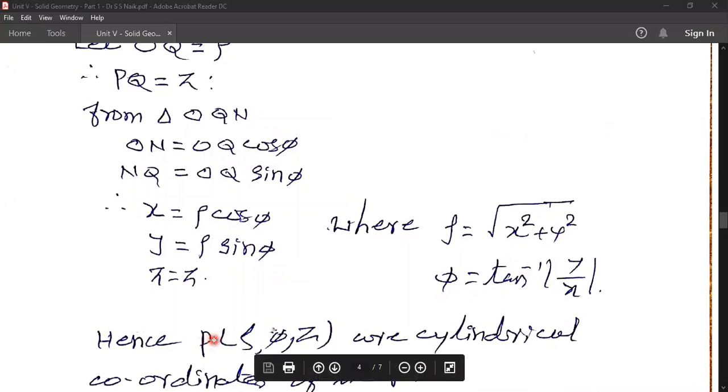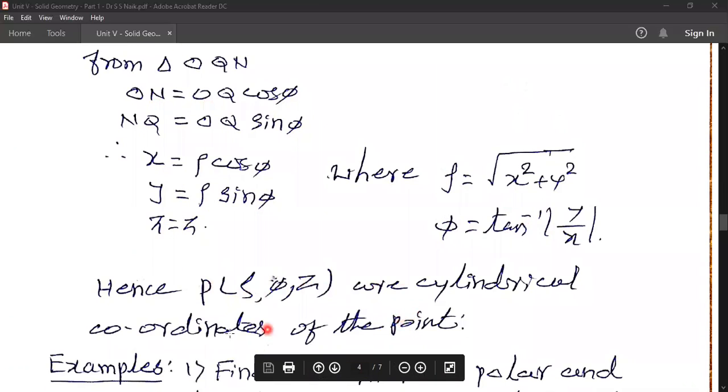Hence, P of rho, phi, z are the cylindrical coordinates of the point.